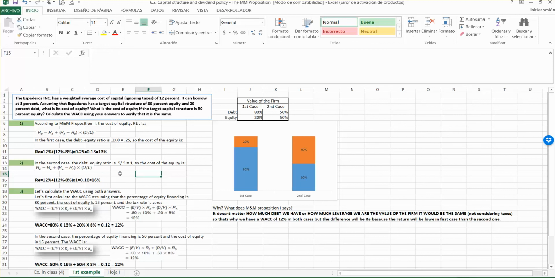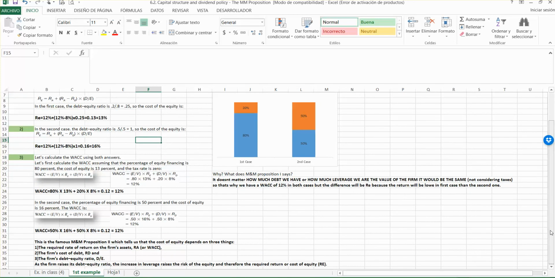Proposition 2 states that as the firm raises its debt equity ratio, the increase in leverage raises the risk of the equity and therefore the cost of equity.